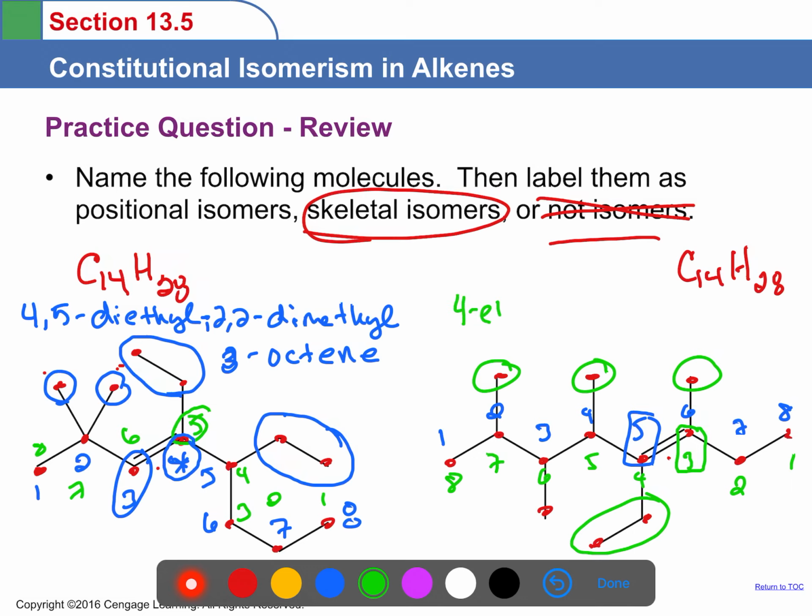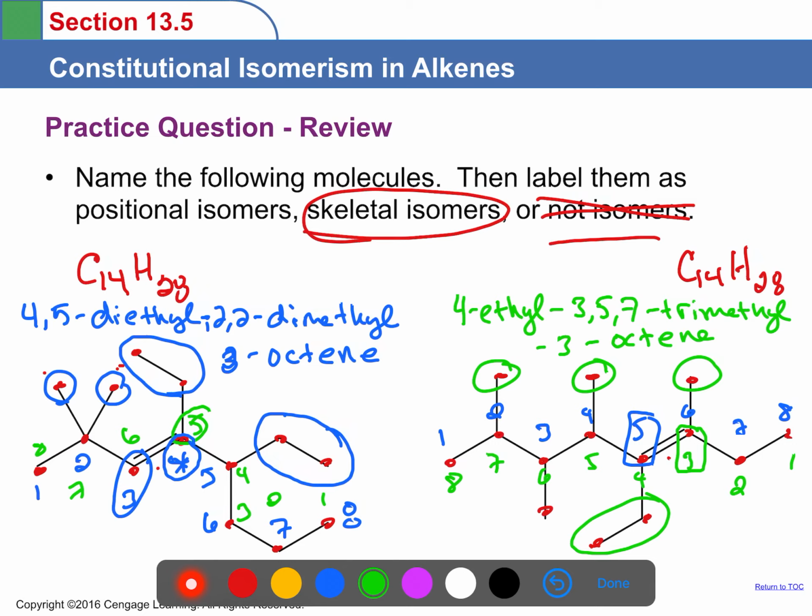I've got 4-ethyl, and then 3,5,7-trimethyl, 8 is oct, and then ene, and I need to remember my number, which was 3. So 4-ethyl-3,5,7-trimethyl-3-octene.